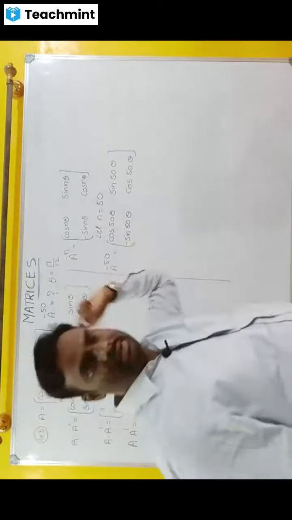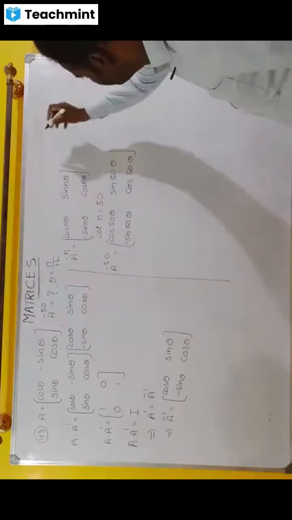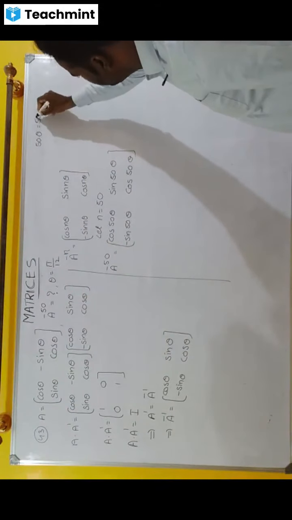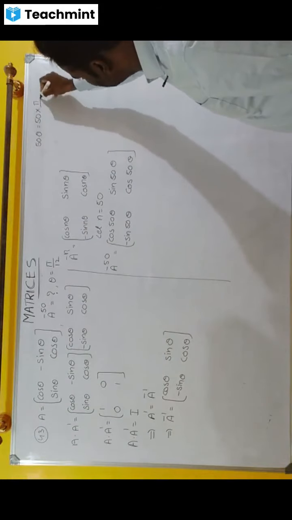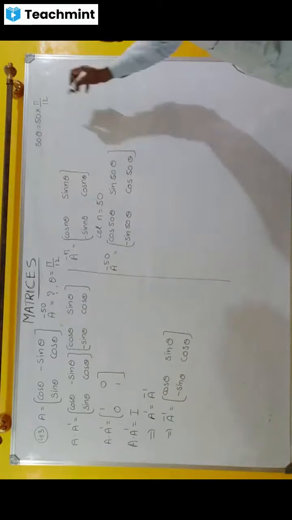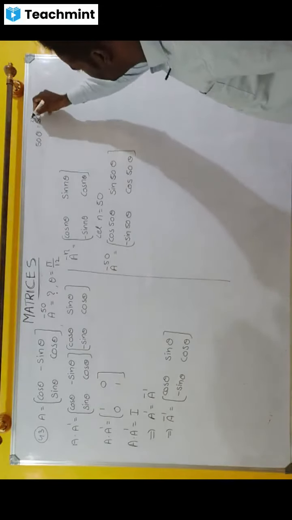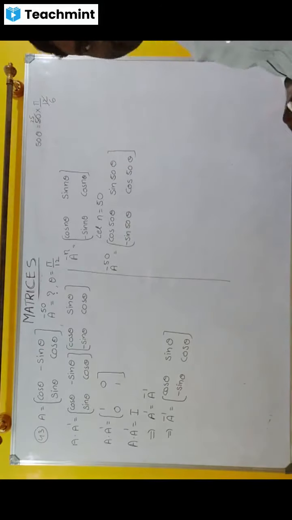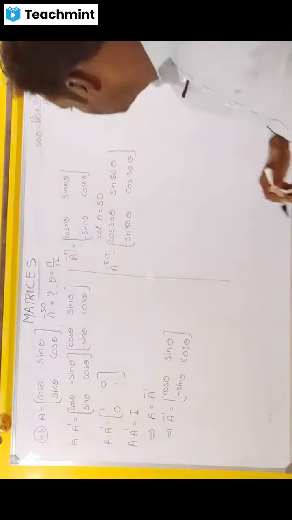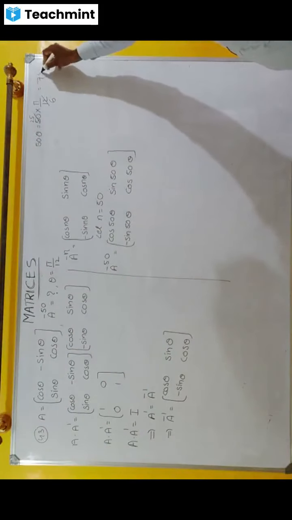Pi by 12. Theta is pi by 12. In rough I am doing the calculation. 50 theta is nothing but 50 into pi by 12. Okay, simplify this. 25 by 6 pi. Pi is nothing but 180, so pi by 6 is 30, and 25 times 30 is 750 degrees.